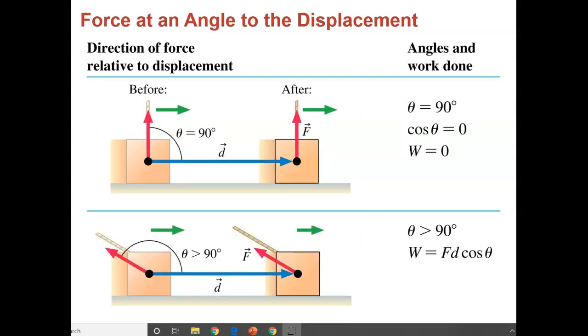If you apply a force perpendicular to the motion, you're not really doing work in the direction of the object's motion, so you do no work there. No work is done on the system if you pull it up while it's sliding or push it straight down while it's sliding, perpendicular. No work is done because the cosine of 90 is 0, so force times distance times 0 is 0.